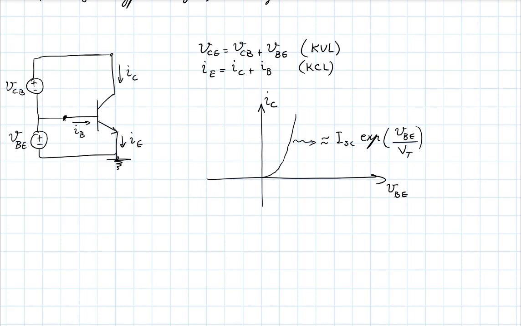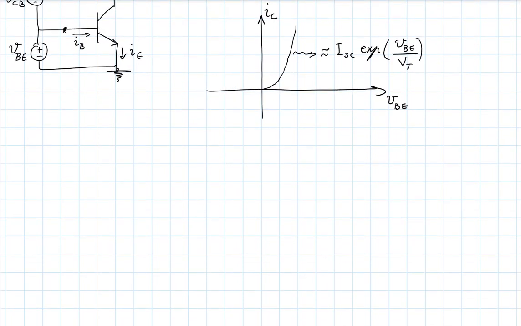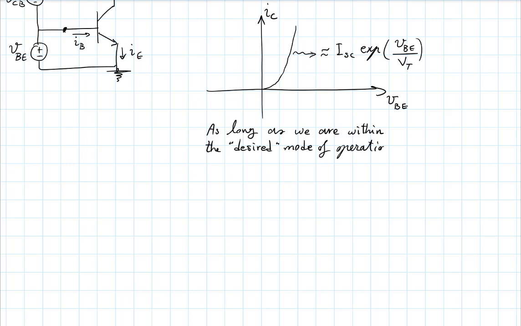So to see that maybe in another way, let me write down here. This behavior here is as long as we are within the desired mode of operation. Or let me maybe be a little more careful.